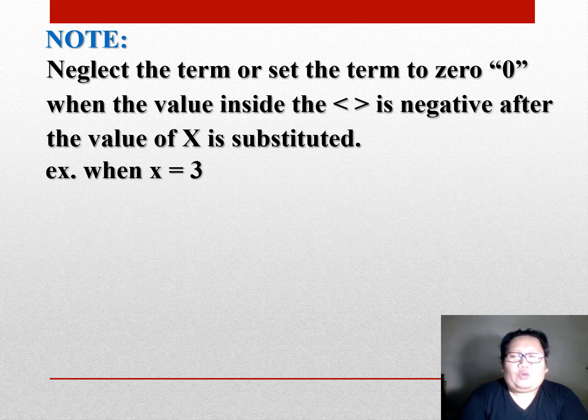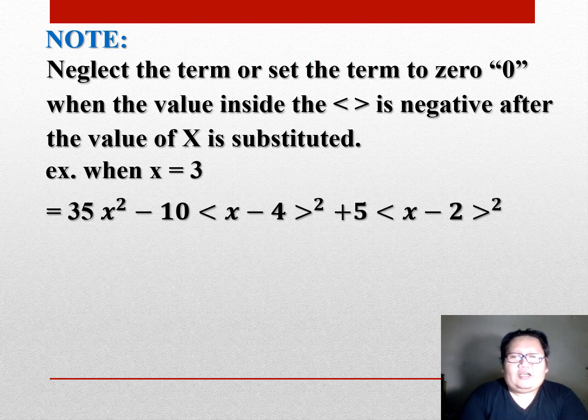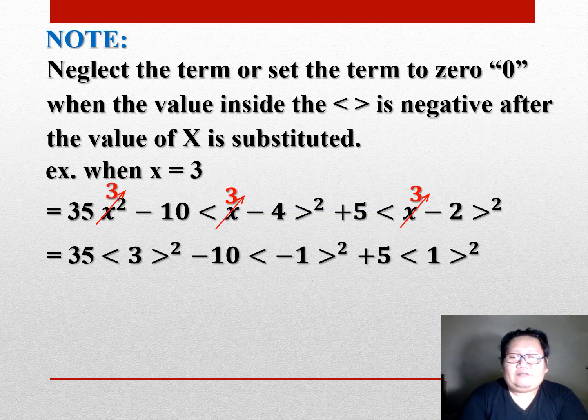For example, when x is equal to 3, with the expression 35x squared minus 10 pointed bracket x minus 4 to the 2 plus 5 pointed bracket x minus 2 squared. Substituting the value of x equal to 3, what we're going to get in the next line is 35 times the square of 3 minus 10.